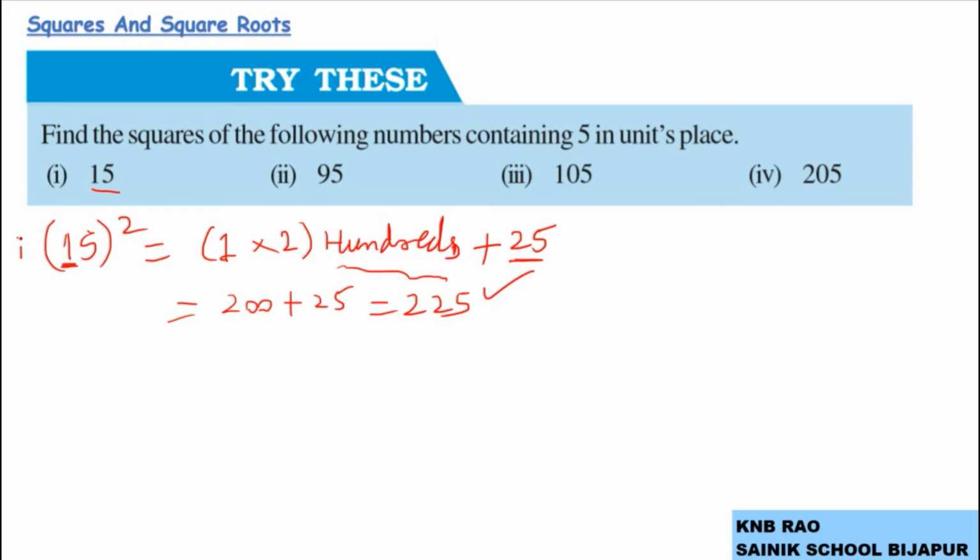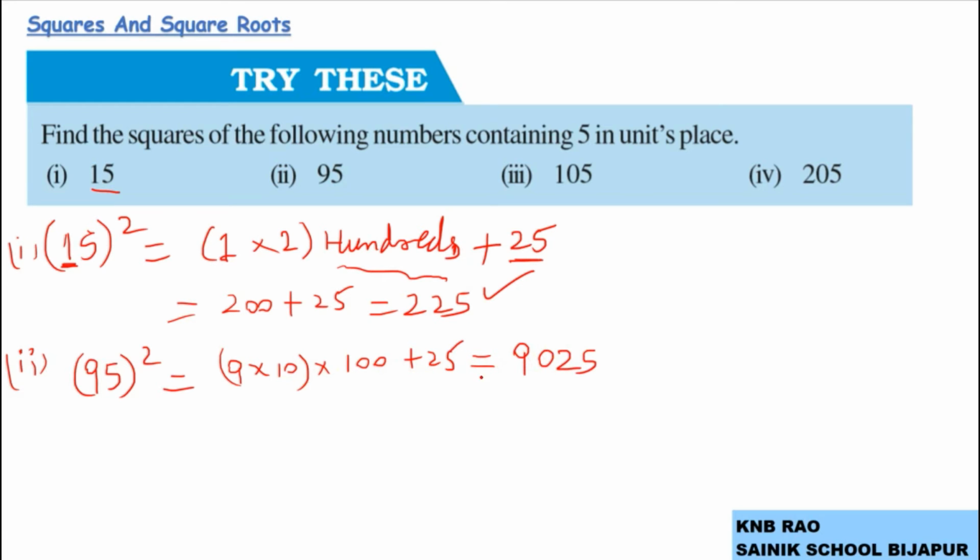So similarly we will find the rest. Second one. So 95 square we have already found. It is 9 into 10 into 100 plus 25, which is equals to 9 tens are 90 and 100 multiplied to 90 gives 9000. 9000 plus 25 is 9025.